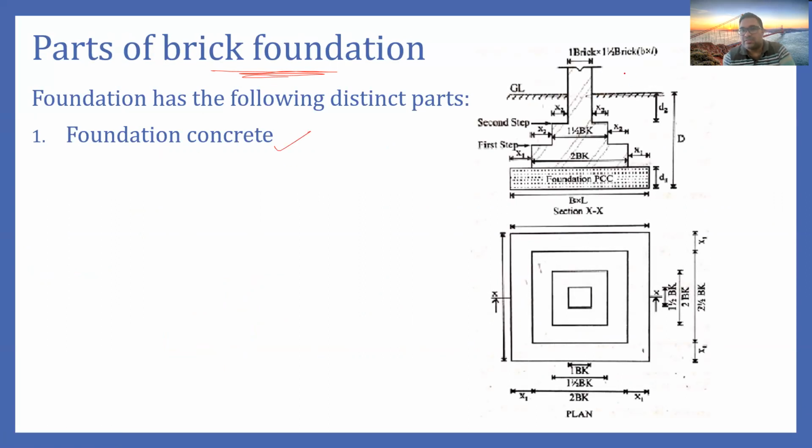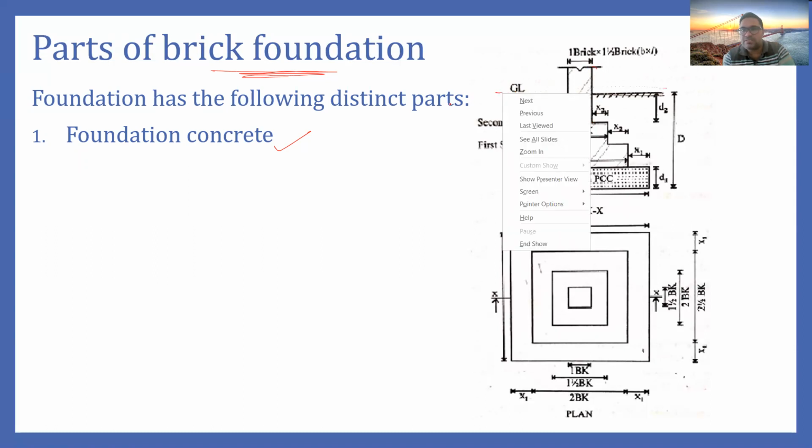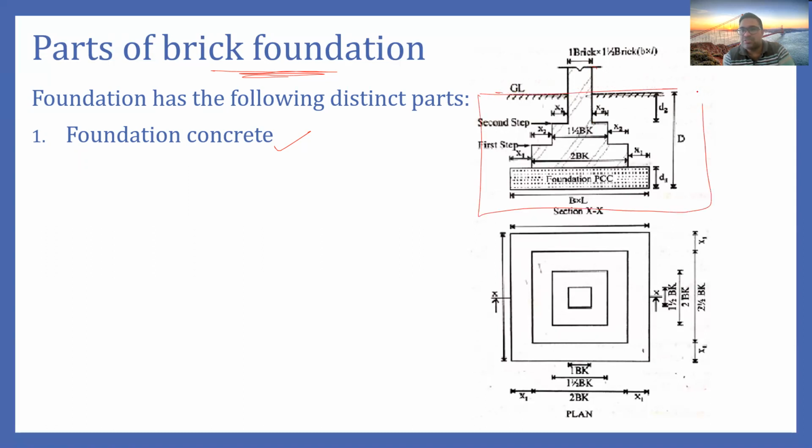So in this figure, you can see this is the foundation of brick, and in this part you can see one of the parts is this one, foundation concrete. So on the bottom we provide a foundation concrete to have a flat solid surface.